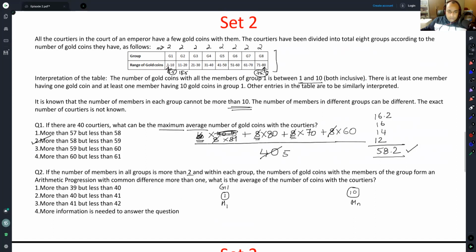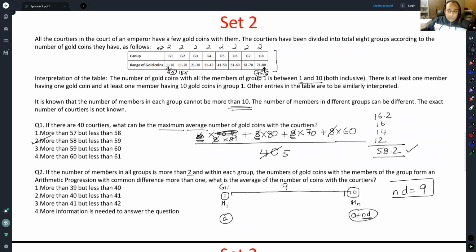Now this is the first term of an AP, and this is a plus nd. 10 is a plus nd, which means the gap between them, the gap of 9, is nd. nd is equal to 9. Additionally, we have been told that n has to be greater than 1.